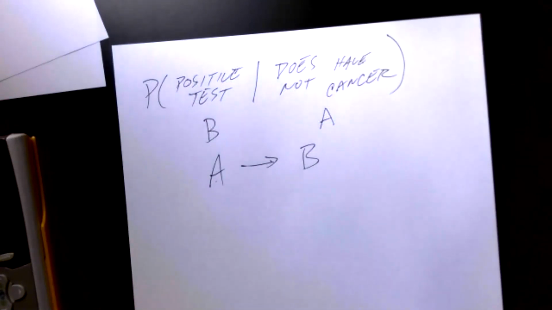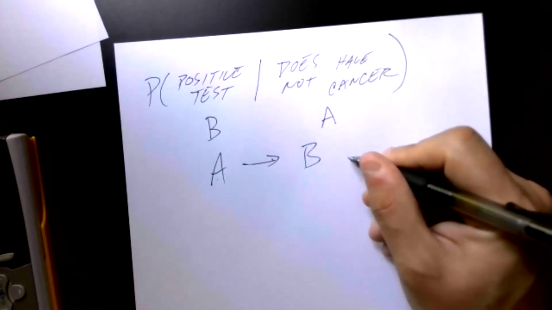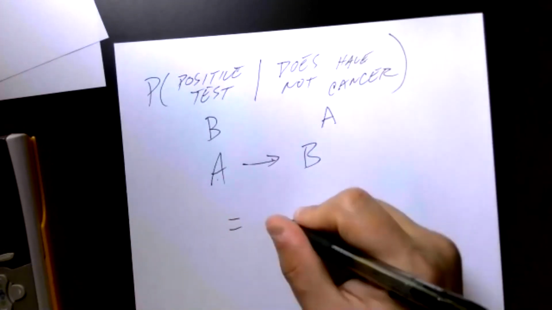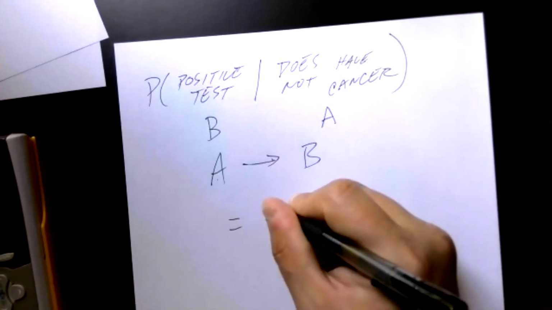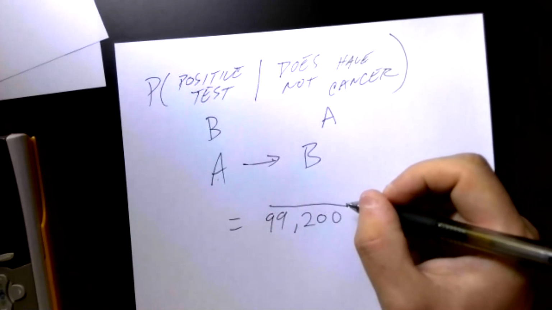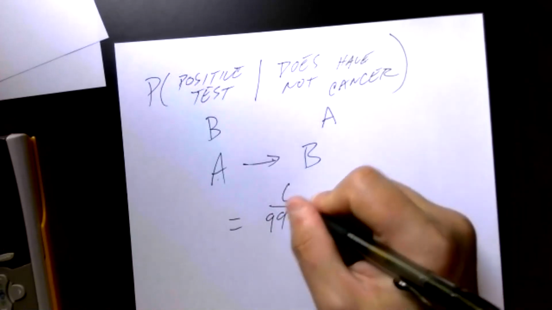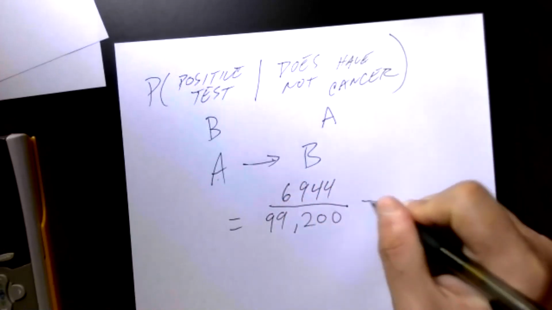Well, if we go back to the table, those who do not have cancer, that's the total, which is 99,200. Of those, the ones that had a positive test were 6,944.